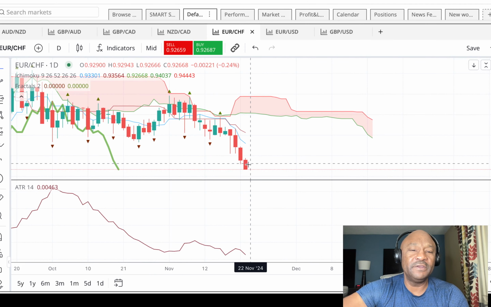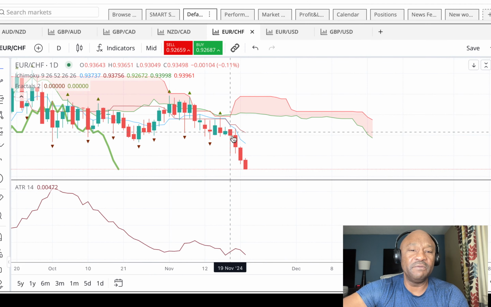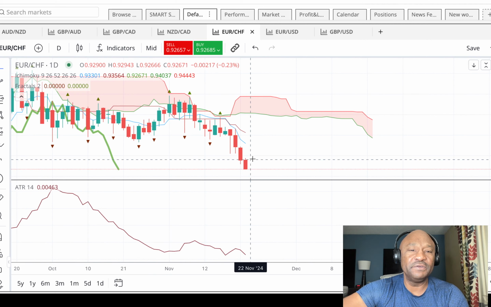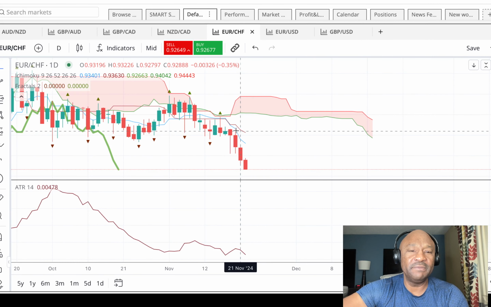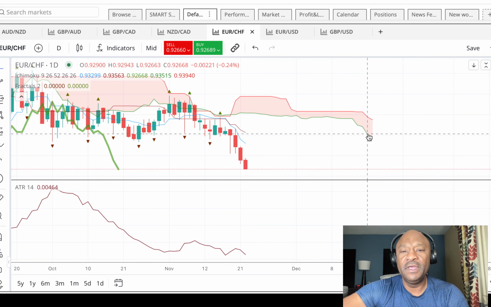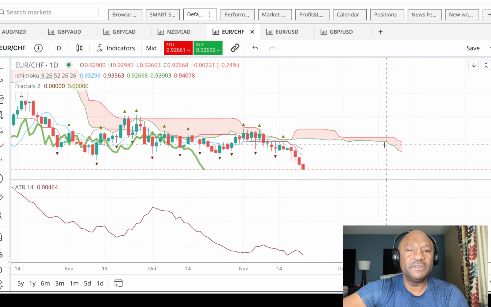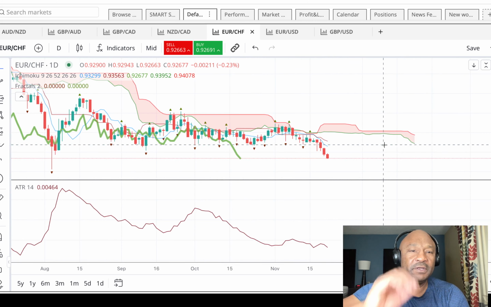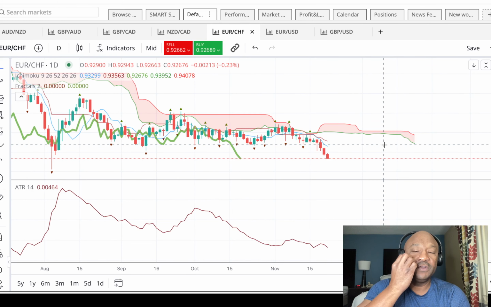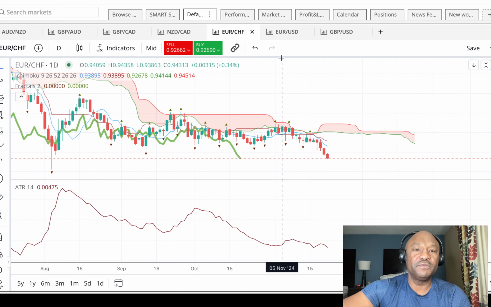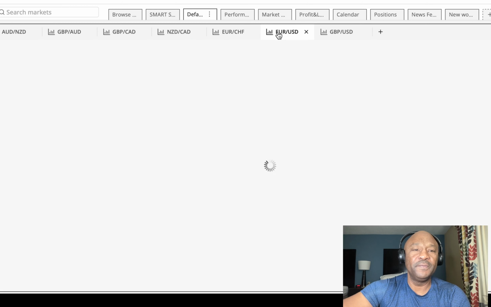Everything is down. Look at these solid red lines. This thing is going to drop. This is the time to make some money. Snake fangs or pitchforks, whatever you want to call them. You got your conversion line pointing downward, baseline pointing downward, red clouds pointing downward. Folks, this is it. It's dropping. So a good time to consider getting this trade as well. Swiss franc is getting strong against the euro.